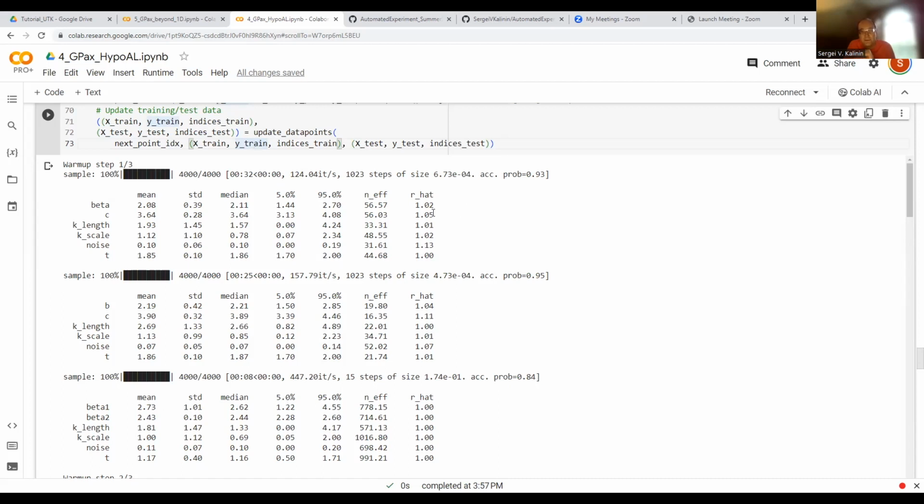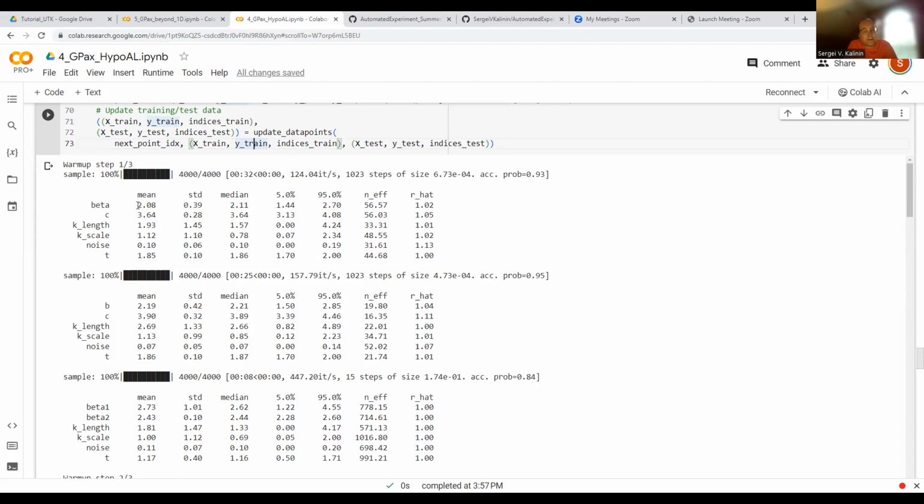Notice that even in the beginning, we already start to have an inkling that model number 3 gives us a slightly better result. Here the R hats are exactly 1.0. However, all 3 models are actually plausible. So if we put all 3 of them in the WAIC, it will tell us that it's okay. We wouldn't be able to separate them clearly. And for all 3 models, we have our usual suspects.